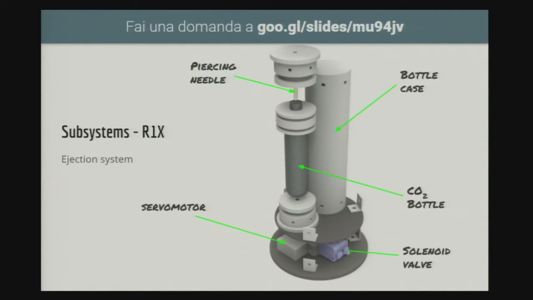So it's very easy to find, and it is pierced by a needle, by pressure valves, which are solenoid valves. And after that, we have the opening of the second parachute by a servo motor.